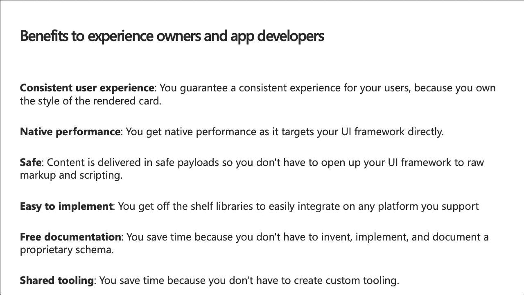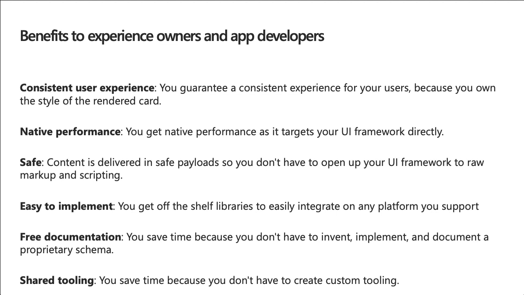If you are an app developer who wants to tap into an ecosystem of third-party content, you're going to love adaptive cards for the following reasons. You get a consistent user experience, because you're going to get a guarantee of a consistent user experience for your users when your cards are rendered because you own the style of the rendered card. You also get native performance, as it targets your UI framework directly.